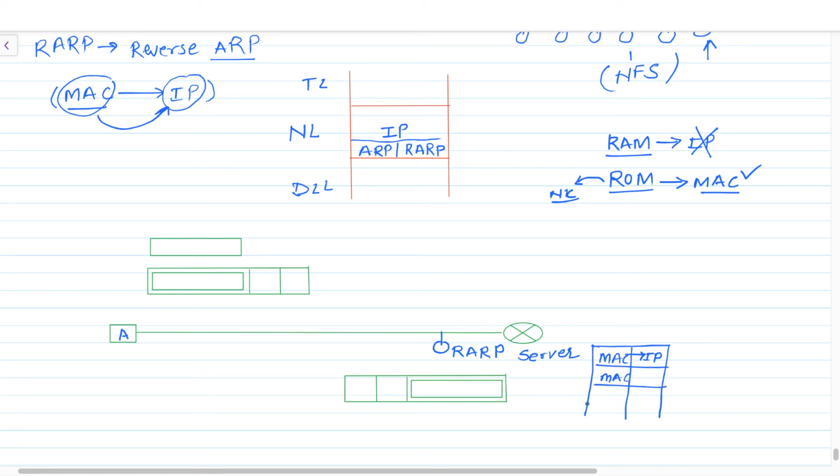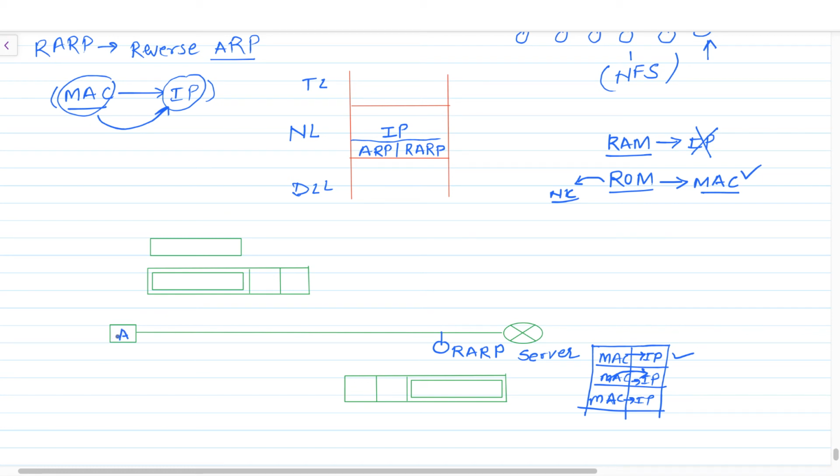So it has a complete list, and this list is static. Means each and every time whenever any system asks for its IP address, this RARP server is going to check and assign the corresponding IP address to that particular host. So these are different MAC addresses having different IPs.